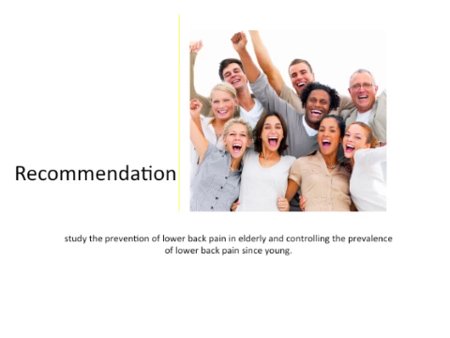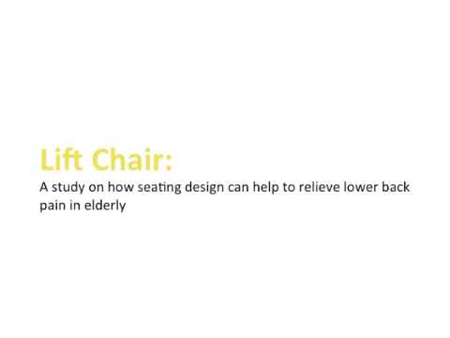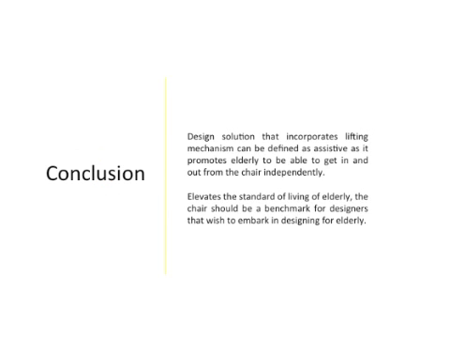I recommend that next researchers study sitting design, which can help to relieve lower back pain in the elderly. My conclusion is that a design solution that incorporates a lifting mechanism can be defined as assistive, as it promotes the elderly to be able to get in and out of the chair independently and elevates their standard of living. The chair should be a benchmark for designers who wish to embark on designing for the elderly.